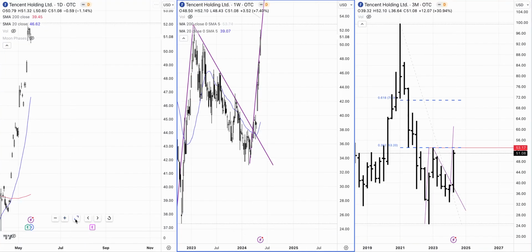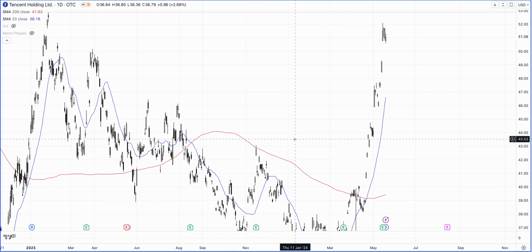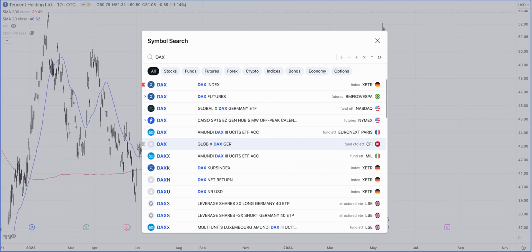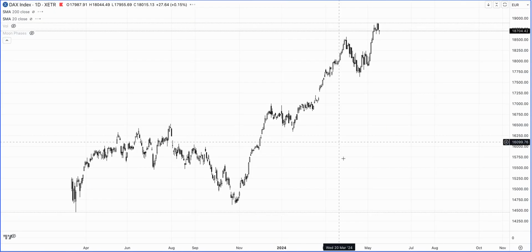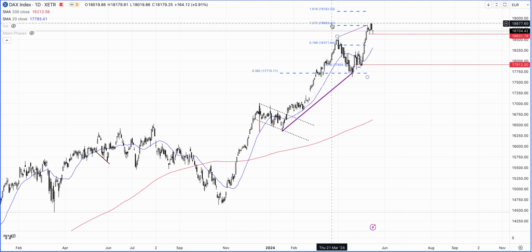Okay, so just getting back to the daily chart now. What we are going to do is take a look at the German DAX index. And here we go. The German DAX is right at its 1.272 expansion, and then we have seen a pullback, and this market is actually range bound.